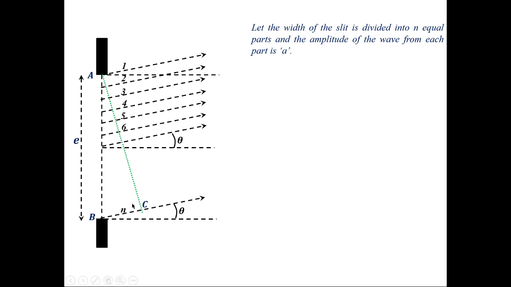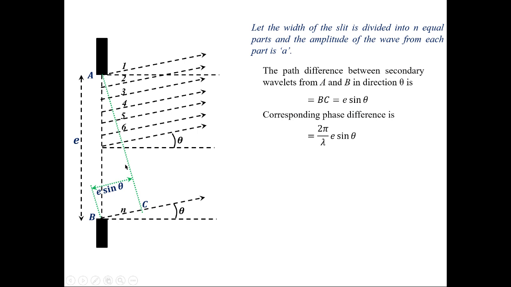Angle BAC will be equal to theta. Now the path difference between ray number 1 and ray number n will be e sin theta. The corresponding phase difference is 2 pi e sin theta by lambda.